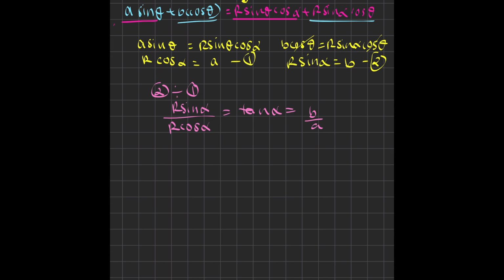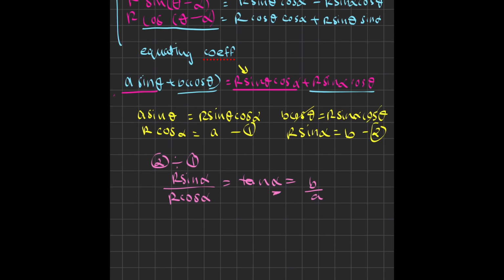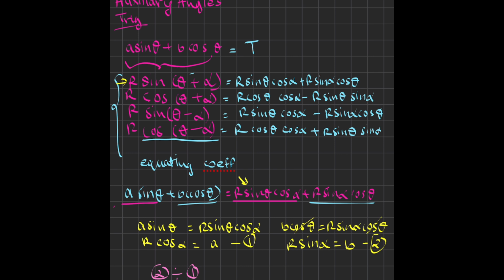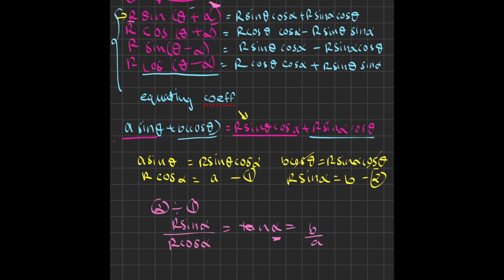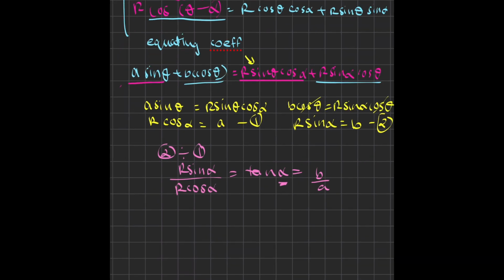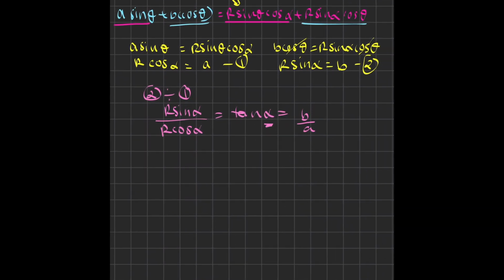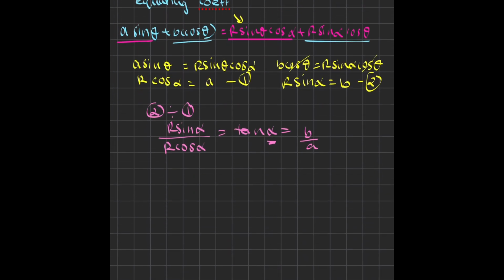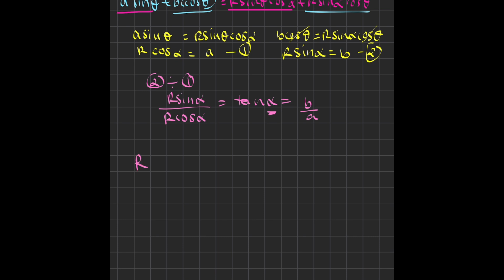So from here, we'll get the angle of alpha, which we're going to eventually sub back into here, right? And the other value here that we added was the r. So in order to find that r, this r will just equal the root of a squared plus b squared.